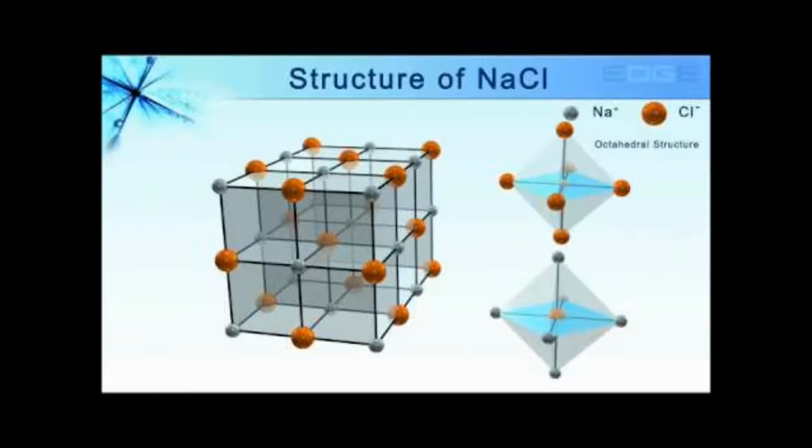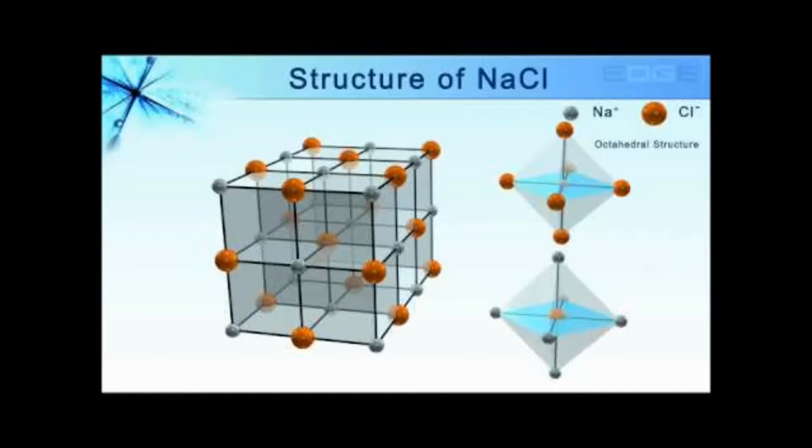This same basic structure is found in many other compounds and is commonly known as the halide or rock-salt crystal structure. It can be represented as a face-centered cubic lattice with a 2-atom basis or as 2 interpenetrating face-centered cubic lattices.